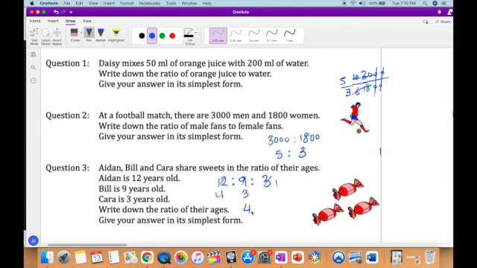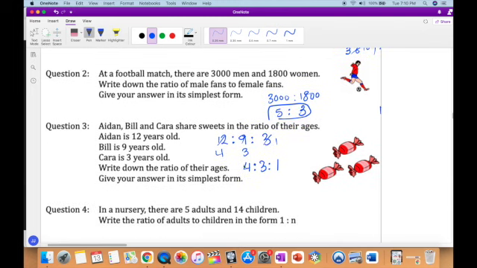So the answer here is a ratio of 4 to 3 to 1. This is an interesting one because ratios don't only have to have 2 quantities, they can have more. But I doubt you will ever get a question that has more than 3 quantities, right?